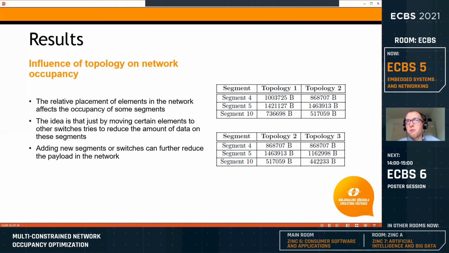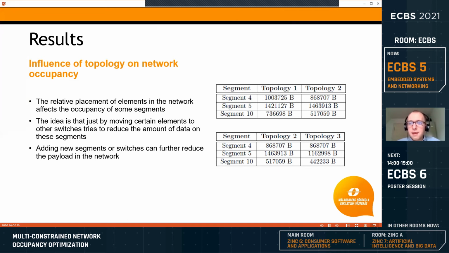So that is a trade-off that must be taken into account. It's hard to reduce network occupancy on all segments, but if the reduction on some segments is bigger in absolute size than the increase on other segments, then it's still doable. And we can see in topology 3, relative to topology 2, that we achieved zero or positive network reduction in all segments.